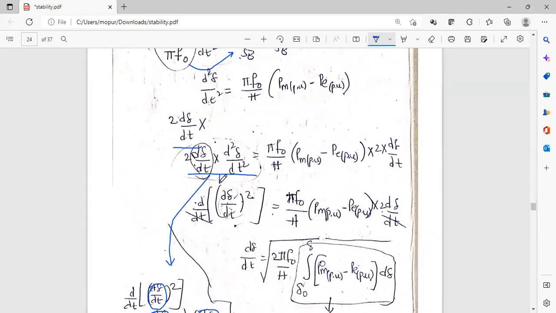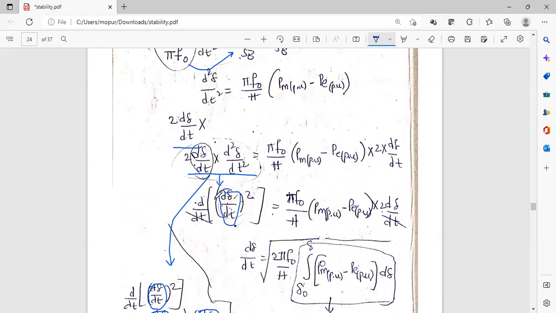So this can be written as d by dt of (d del by dt) whole square is equal to pi F naught by H, PM per unit minus PE per unit into 2 into d del by dt. This dt gets cancelled. Now, d del by dt is equal to, from this, I am extracting this term alone.